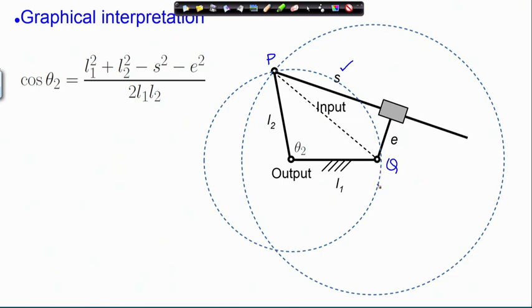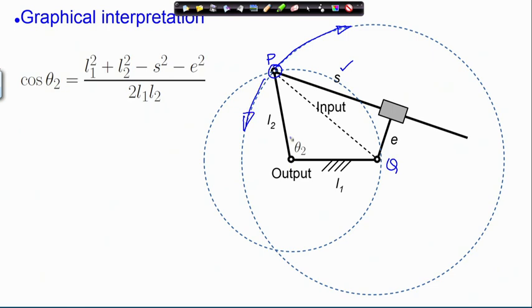So, if S is fixed, the distance PQ is fixed. Now, we have to locate where the hinge will be assembled with the link 2, L2. So, therefore, the link PQ can rotate and the hinge P describes this big circle.